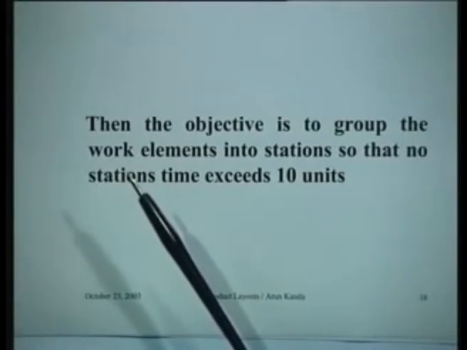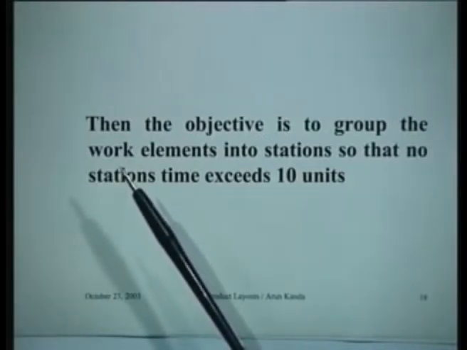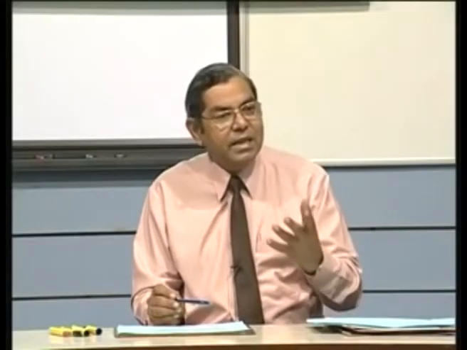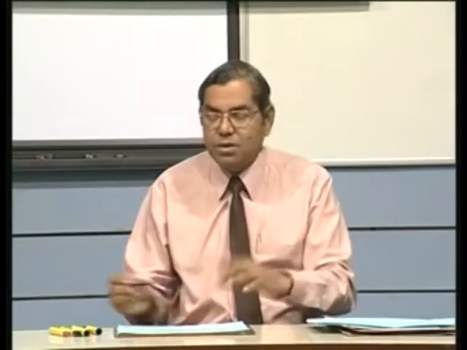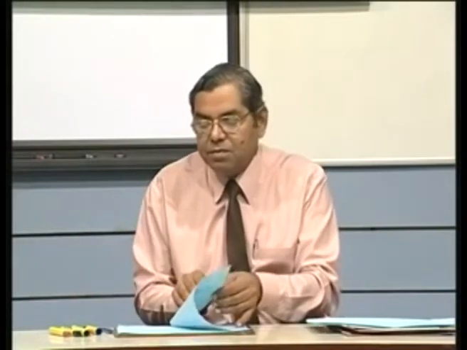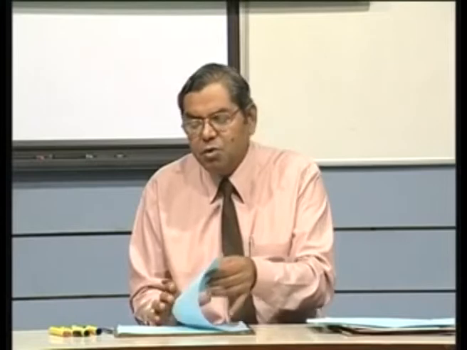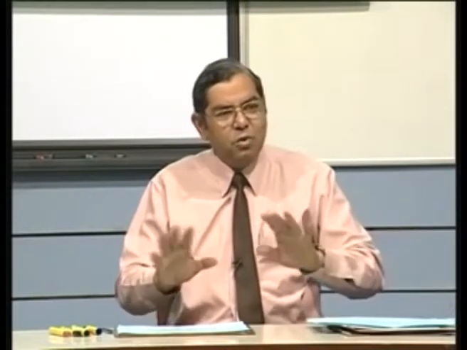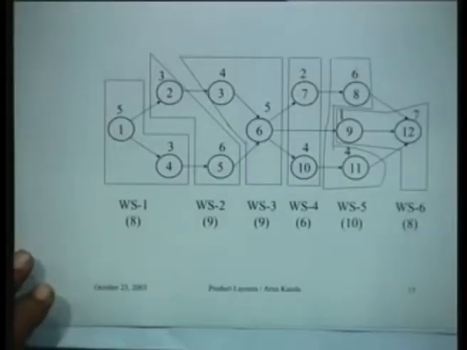Because if it exceeds 10 units, our cycle time will be more than 10, and we are designing the line for a cycle time of 10 units. How do we attain this? We could do it by inspection, with no algorithm, just looking at the precedence diagram. And this is a feasible solution.